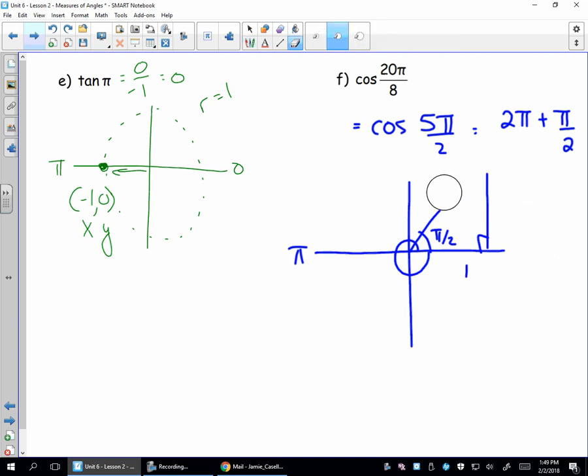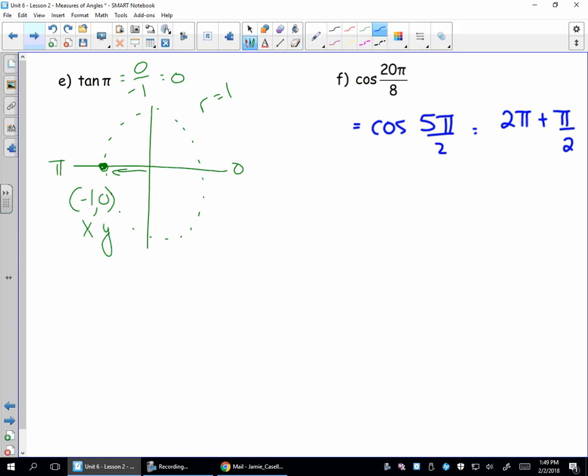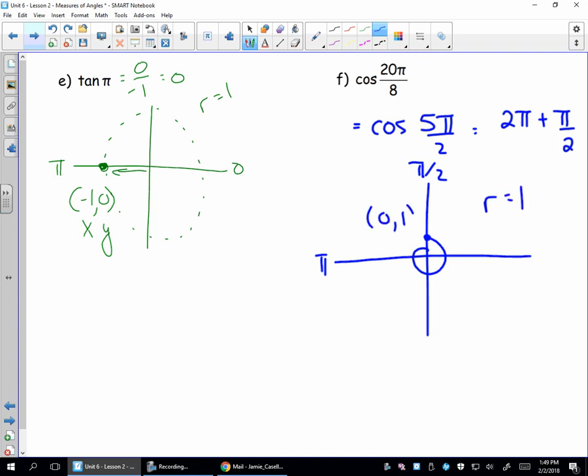Sorry, guys, pi over 2 is not there. This is pi, and this is pi over 2 up here. So I've gone all the way around and ended up back here again, on the axis. If I think about a circle of radius 1, that point is 0 and 1, x and y. Cos is x over r, so 0 over 1, or 0. So for those special ones that lie on the axes, just find the coordinates, make r 1, the easiest possible circle, and then use your SOH CAH TOA.